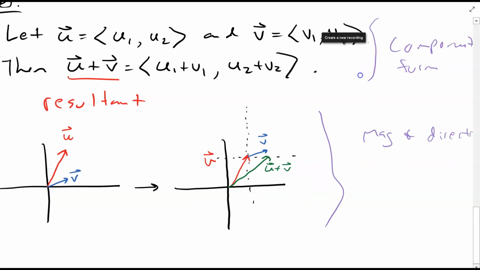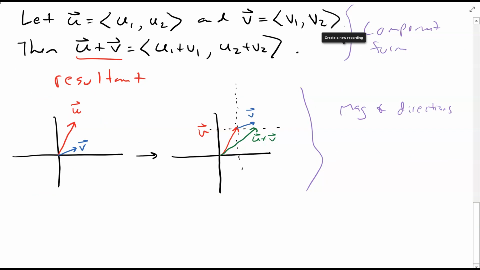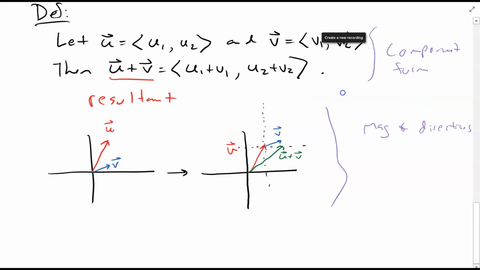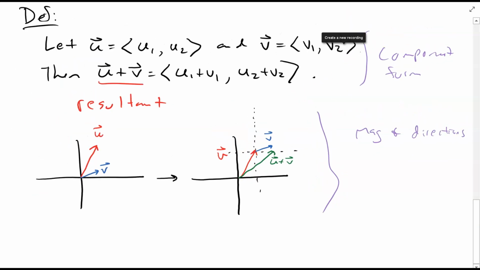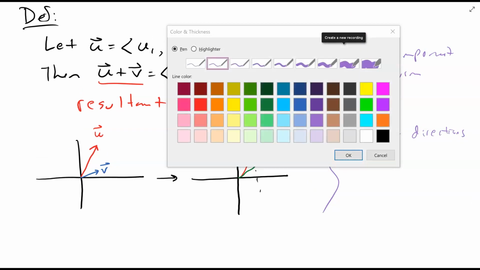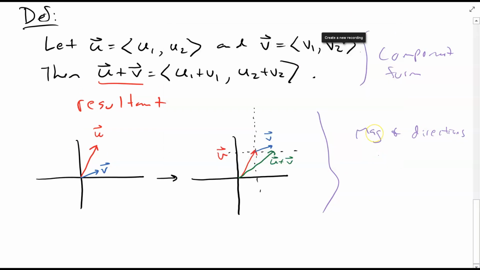So it looks like there's a lot of geometry going on in the magnitude and direction approach, right? We'd like to avoid that because the geometry tends to take a lot of space. It's not super convenient to do by hand.